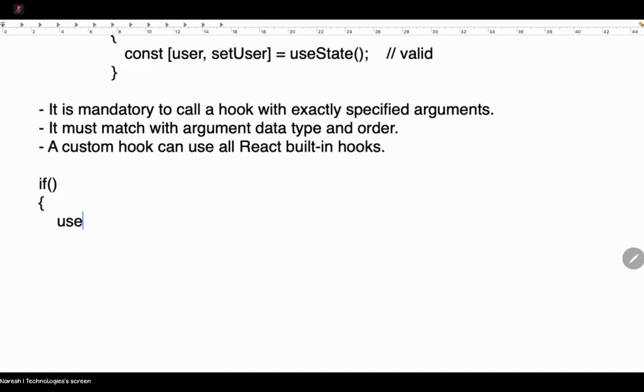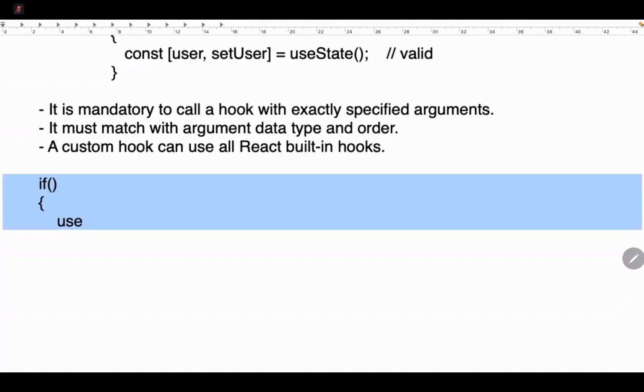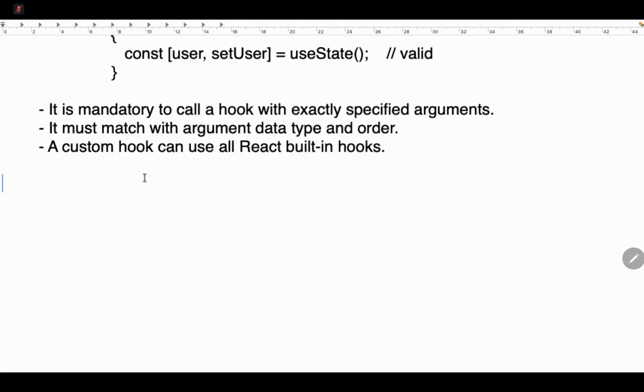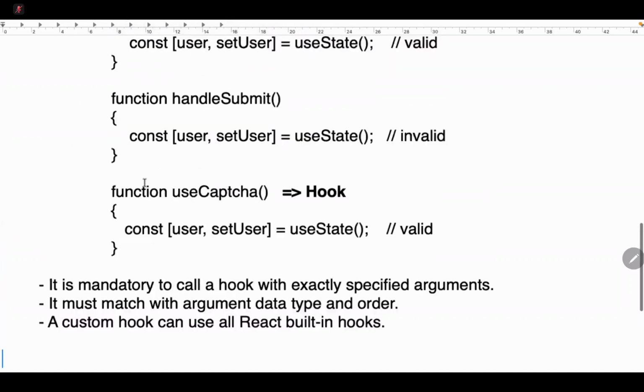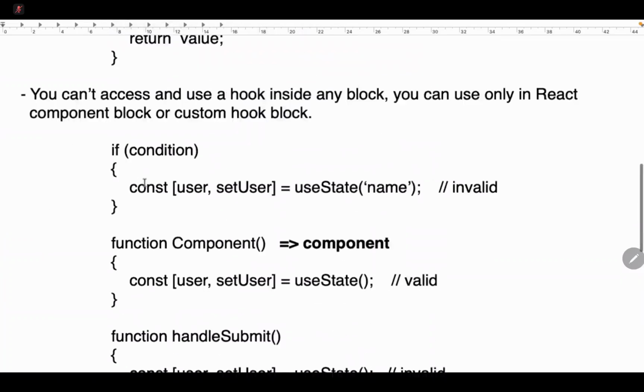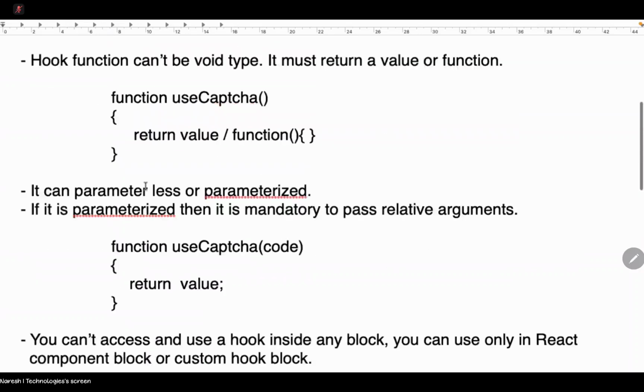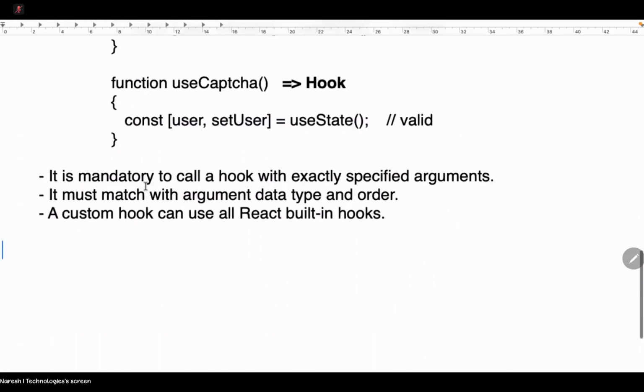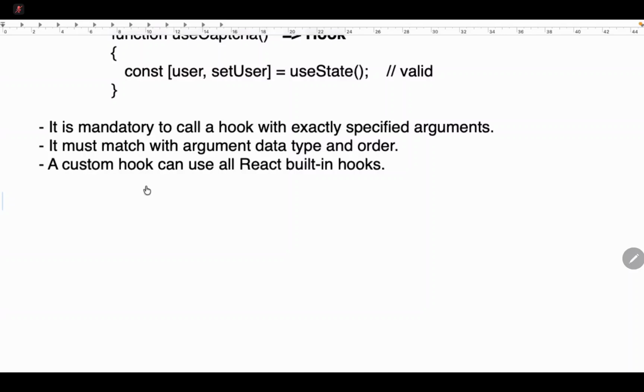It's not recommended. So you have to use them at the outer level, the higher level of your component, not inside the blocks. Okay. Let's see how we can build and how we can use it. So the first basic point I will show you.